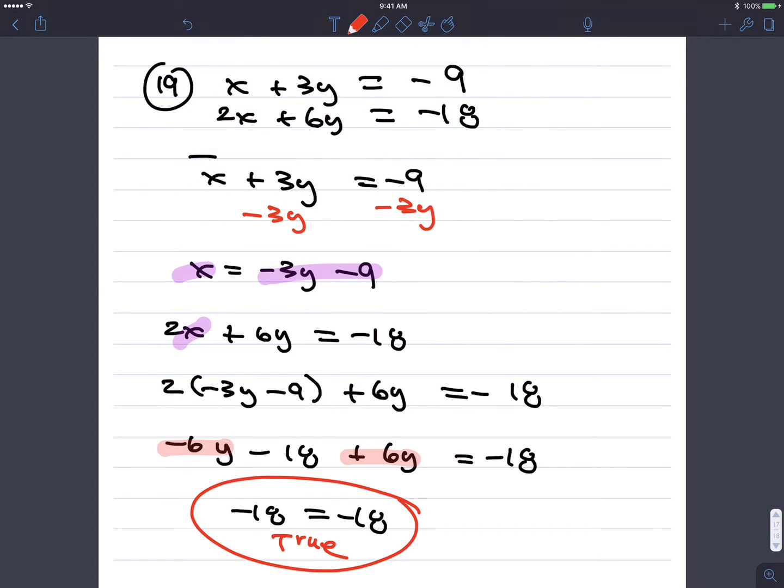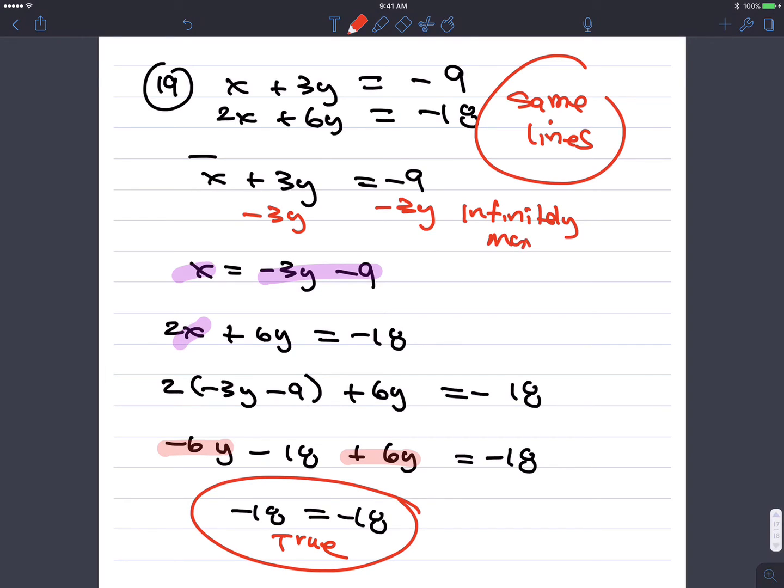It's a true statement. That means these lines are the same. These are the same lines. Therefore, we say there's infinitely many solutions because it's the same line. If you're looking back at the book, formally, set notation will say this.